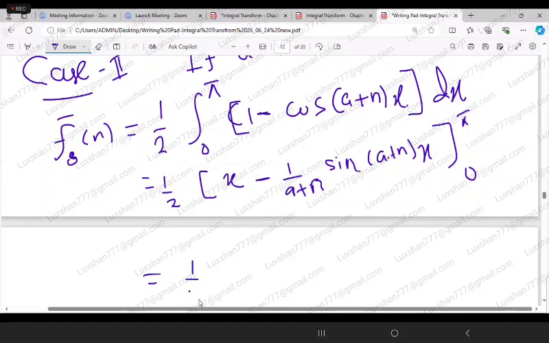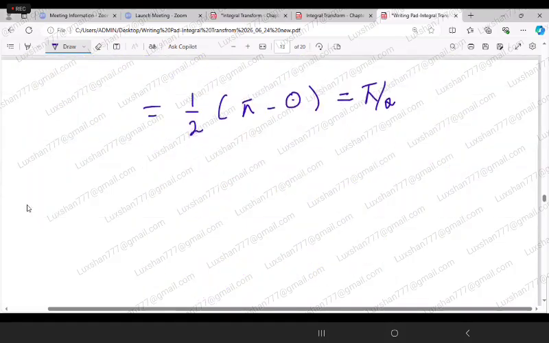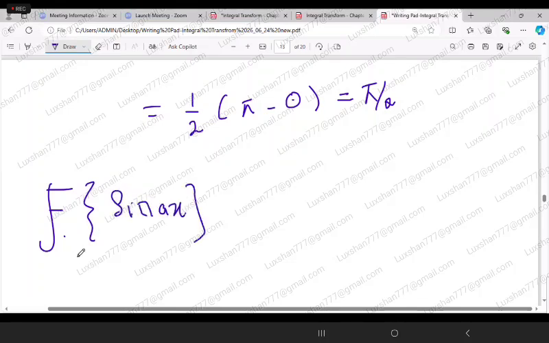Therefore, we get half times pi minus 0. So now we can say that the finite Fourier sine transform equals f bar s n.